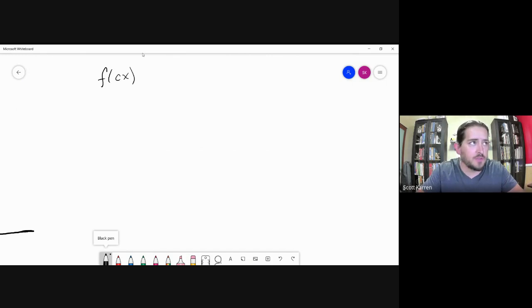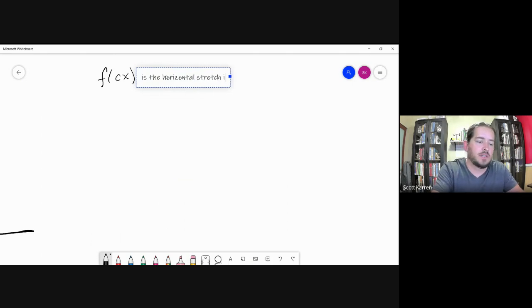Everywhere there's an x, if it's multiplied by c, this is the horizontal stretch if c is greater than 1, or if it's less than -1, right? If it's further away from 0 than 1. But if it's negative, it's going to be that horizontal flip first, and then if the magnitude is greater than 1, then it's a stretch, right? But if c is greater than 1, it's a stretch.